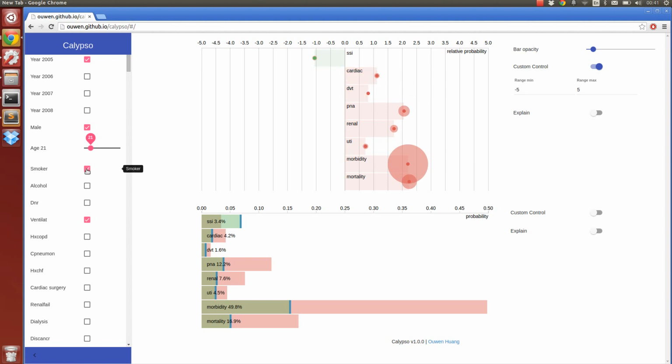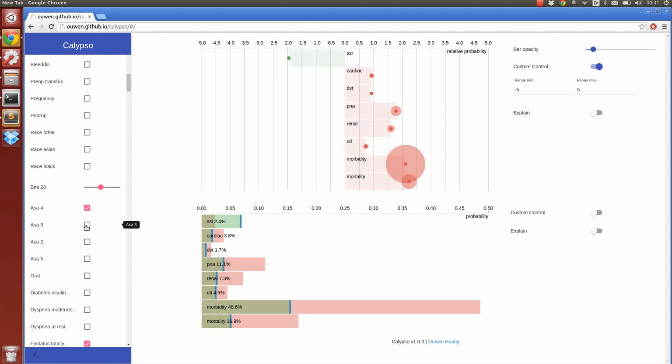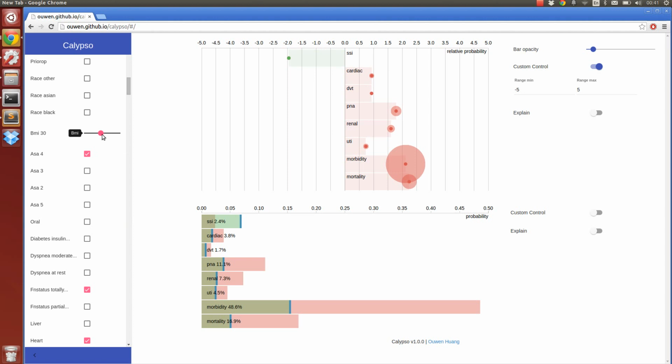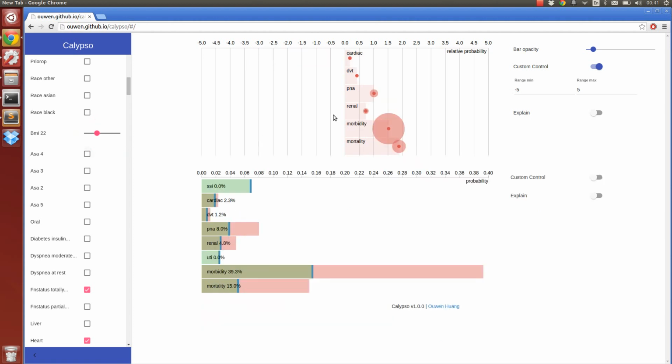If we say that the patient was not a smoker, the risks also decrease. Perhaps their BMI was a little lower, and perhaps they were not classified so high. And we can see that some of these risks straight up disappear.